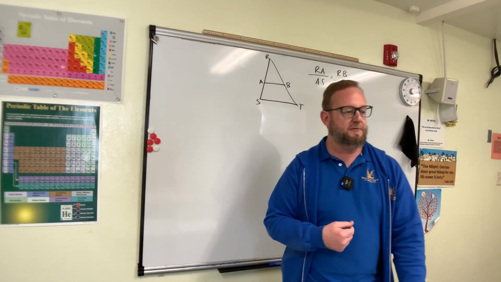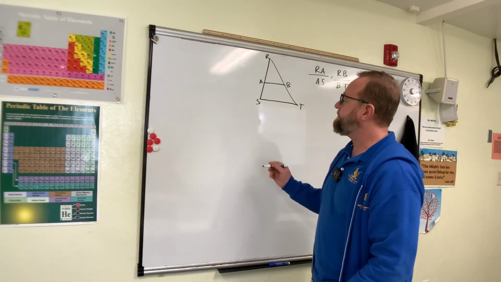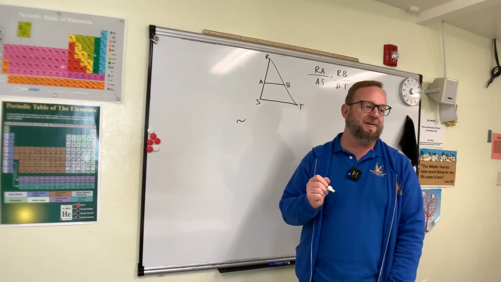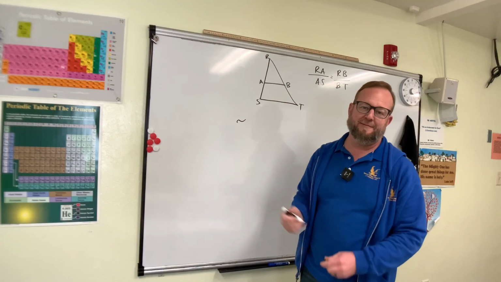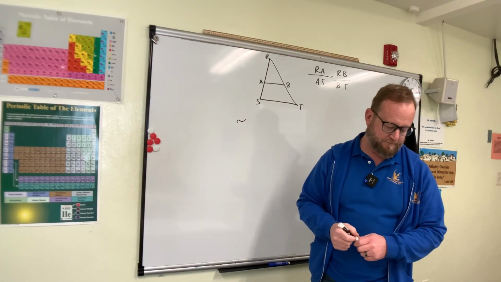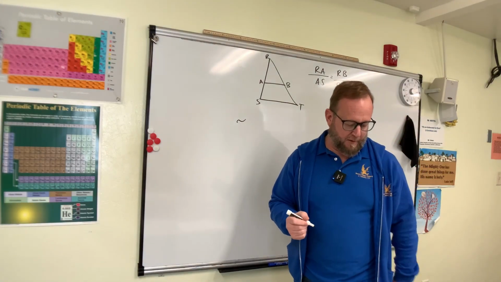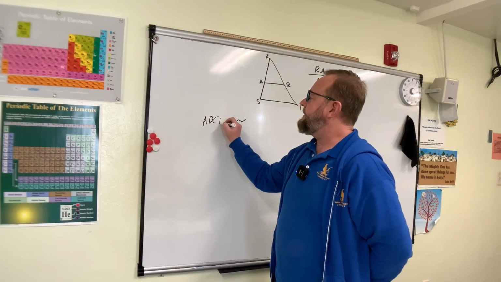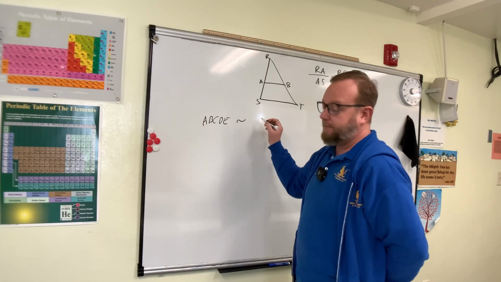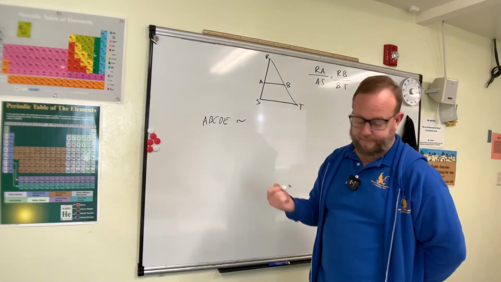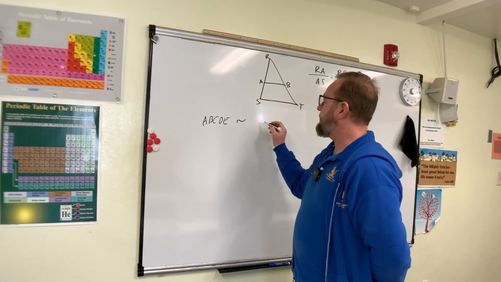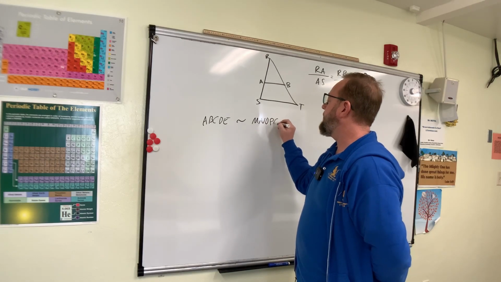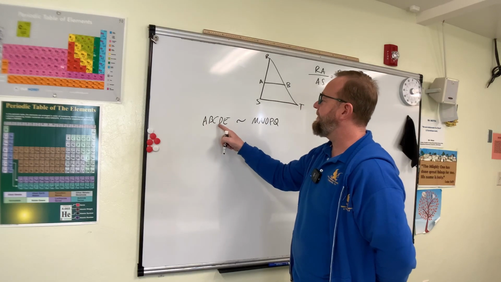And the symbol we get to use for similar is what? That's fun to draw. So you get to draw that a lot for similar. So if we had one shape A, B, C, D, E is similar to shape, well, they started with Q, but M, N, O, P, Q. 1, 2, 3.